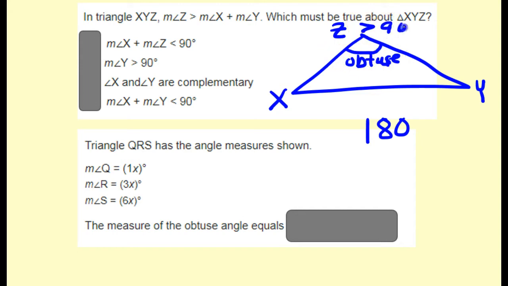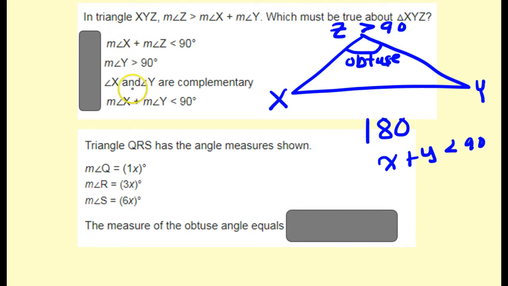So Z is greater than 90. That means the sum of X and Y has to be less than 90 degrees. Okay, so angle Z is bigger than 90 degrees, and angle X plus angle Y has to be less than 90 degrees.